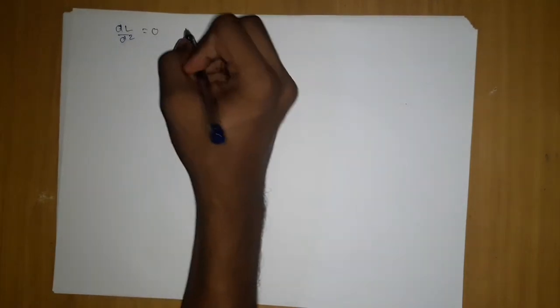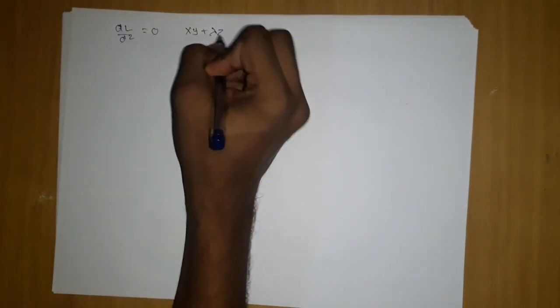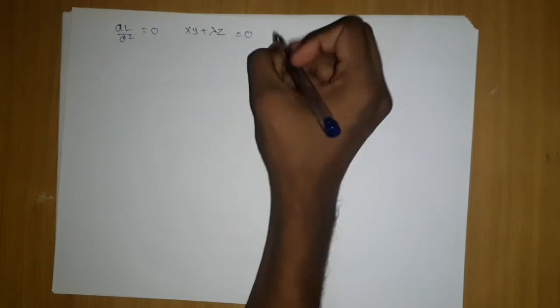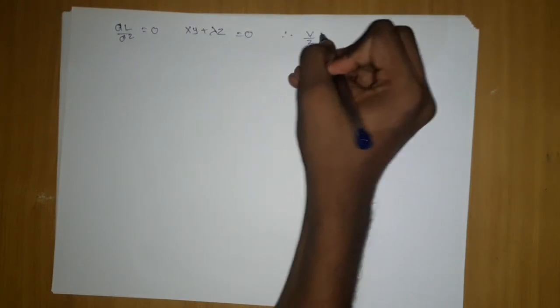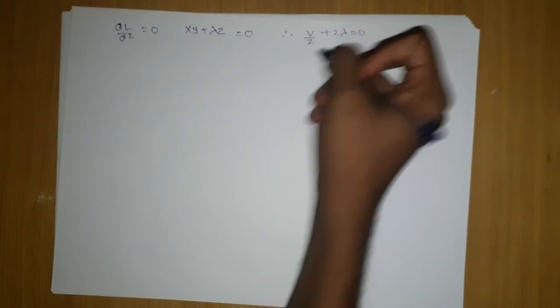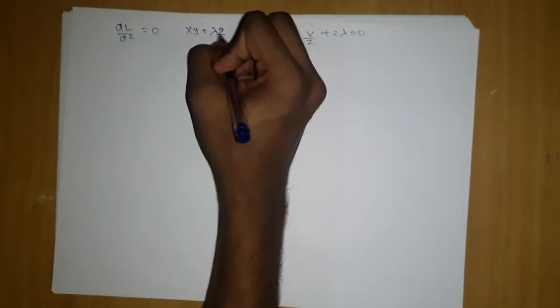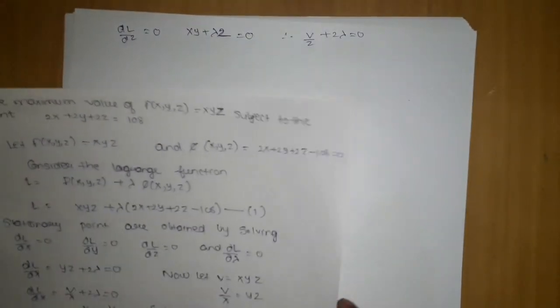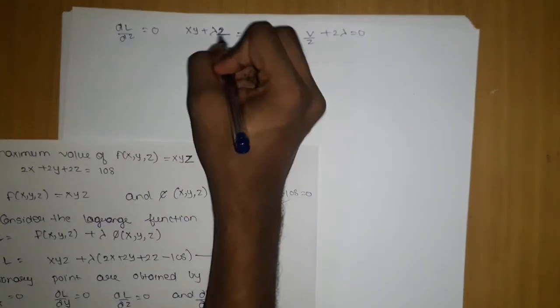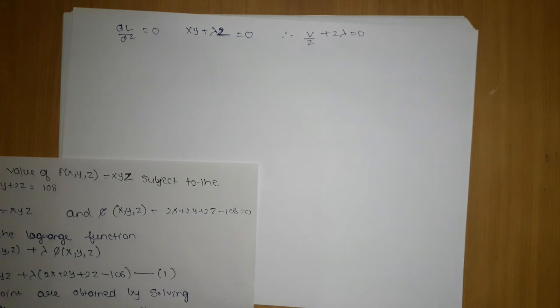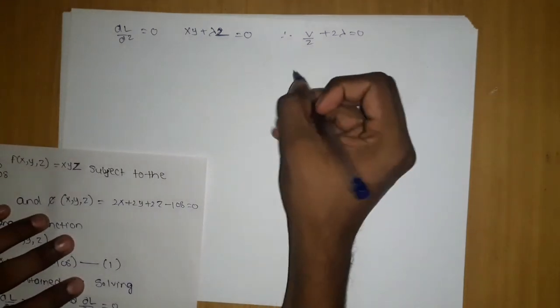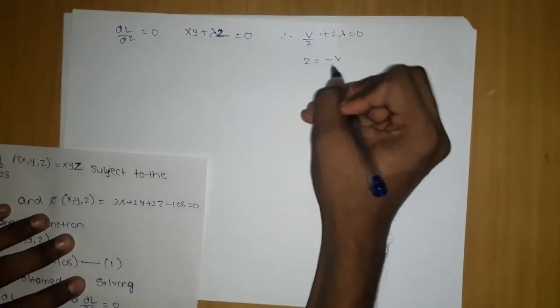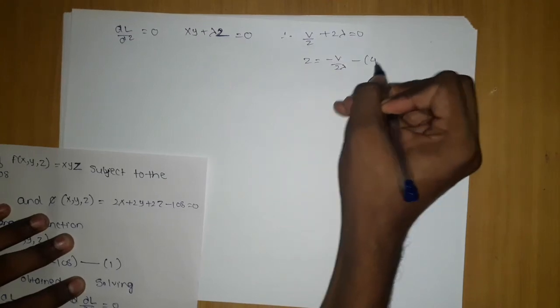Dou L by dou z equals 0 is xy plus 2 lambda equals 0, which I can write as v by z plus 2 lambda equals 0. If we simplify it, we get z equals minus v by 2 lambda, which is our fourth equation.